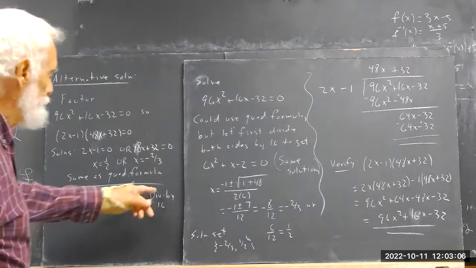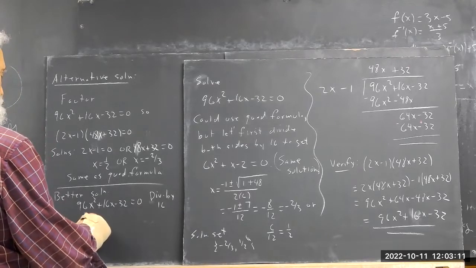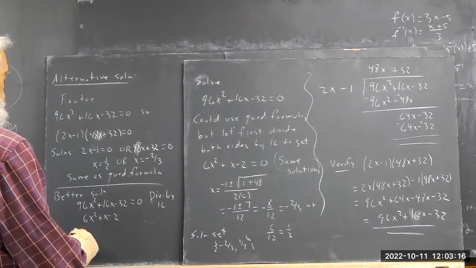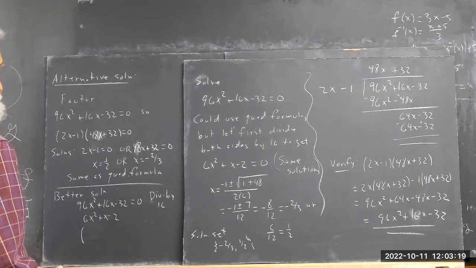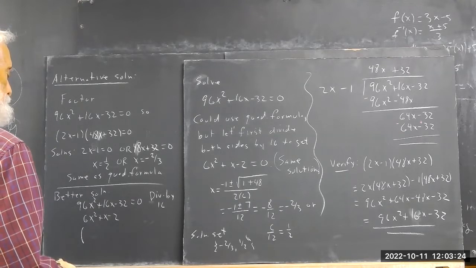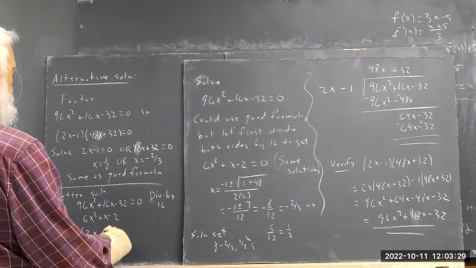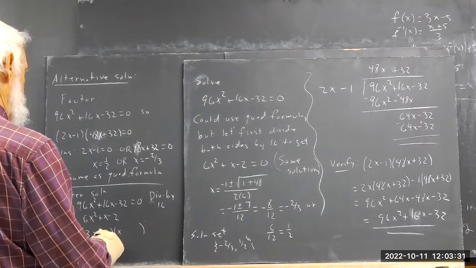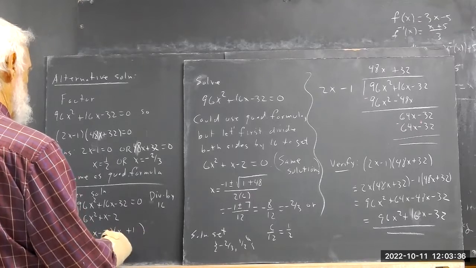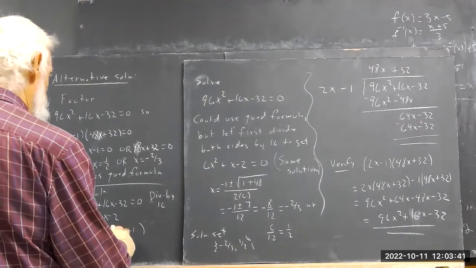Better solution, here it is, divide both sides by 16. As we did here, you get 6x squared plus x minus 2, which is going to give you, well, that'll be 3x and 2x, and it had better be, you need a plus x here, so you have a plus 1 here and a minus 2 here. It's 2x plus 1.